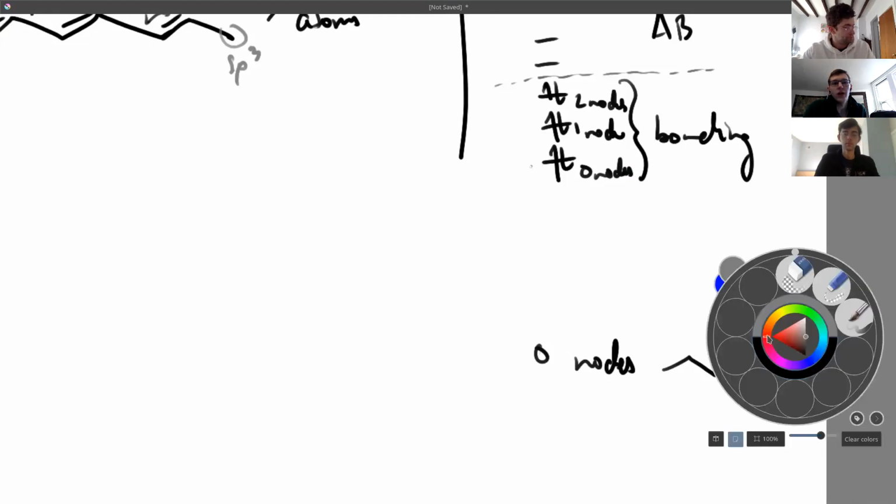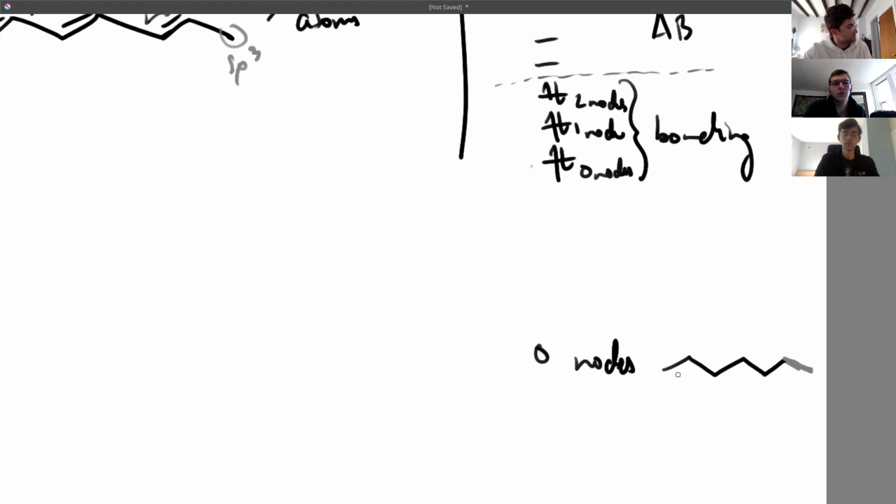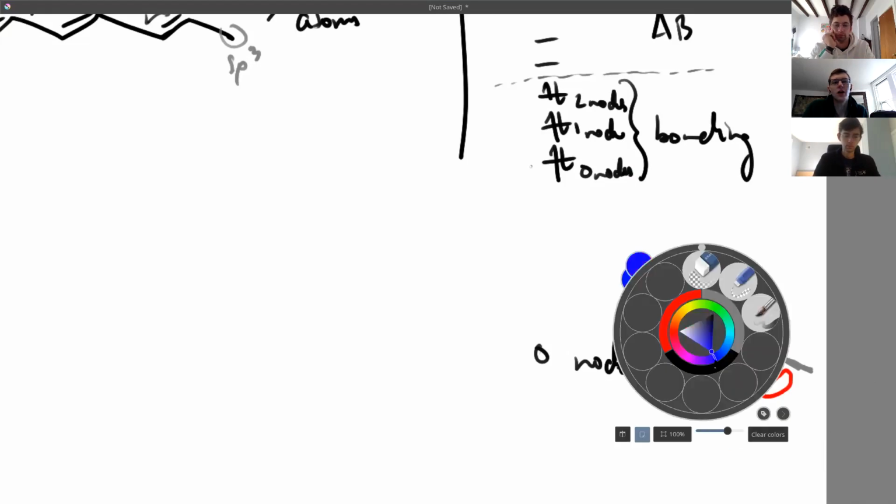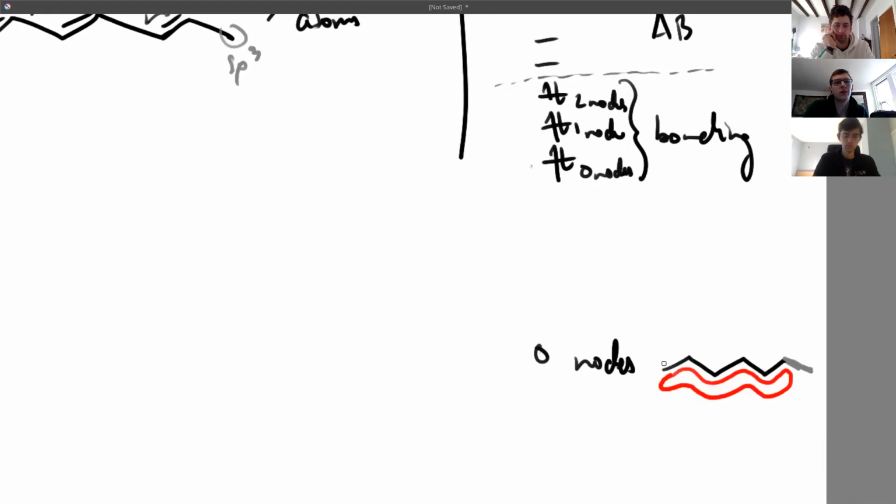When there are 0 nodes, that's pretty easy because there are no nodes. So you just draw one big orbital like this, okay? And I'm using colors here, but you could write pluses and minuses too. So there we go.